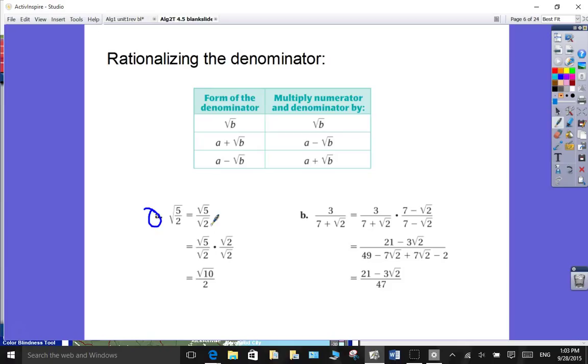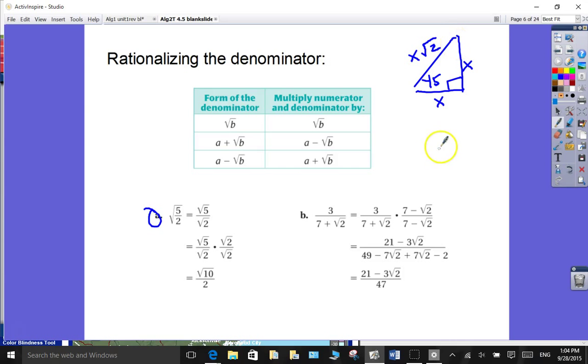You've done this already. At the very least you did this in geometry when you did special right triangles. If you remember, in a special right triangle, let's say a 45, 45, 90, the formula for the sides were x, x, and x root 2.